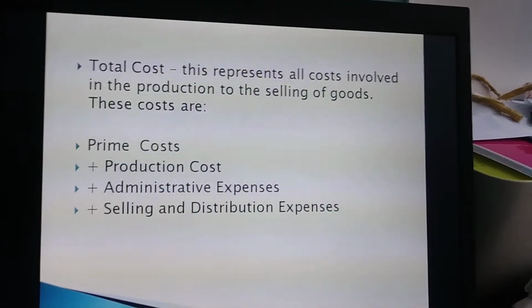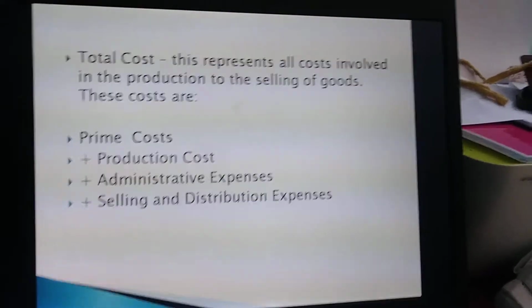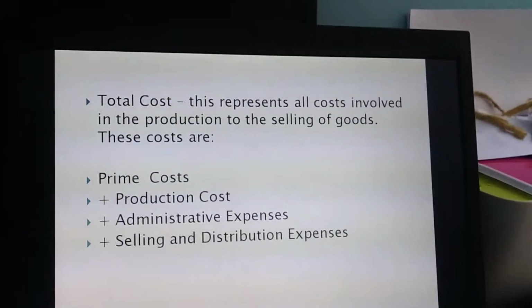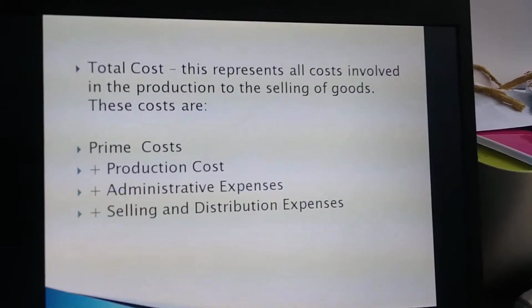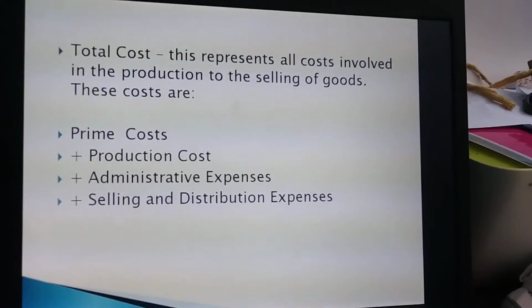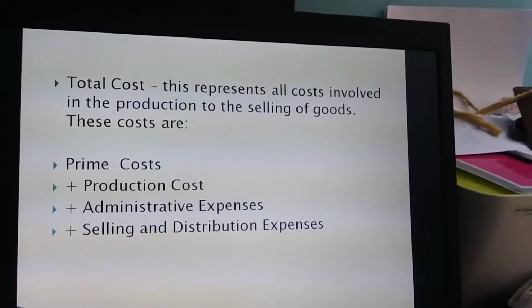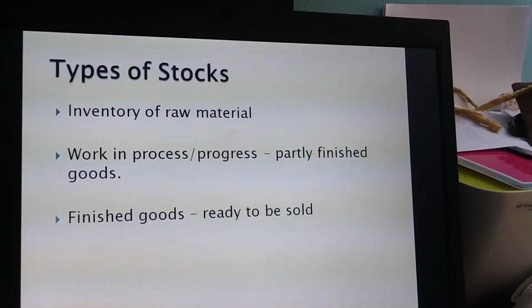Total cost represents your production cost plus your administrative expenses and selling and distribution expenses. Now, the administrative expense and selling and distribution expense will come in part 2 of this lesson.